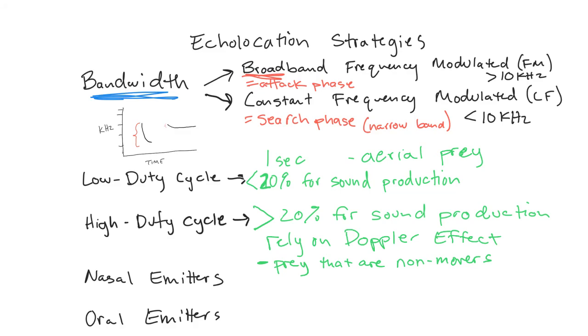Right, so insectivores are going to be low duty cycle. Frugivores, fruit bats, are going to be high duty cycle. Or there are bats that are insectivores, but the insects they eat are on leaf litter or on the ground, not flying. And so they move, but they aren't flying.